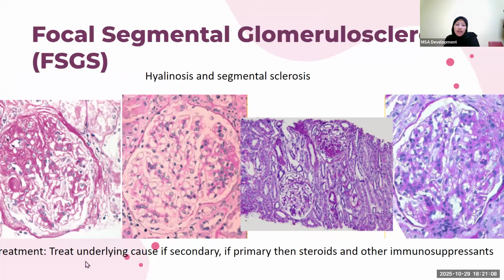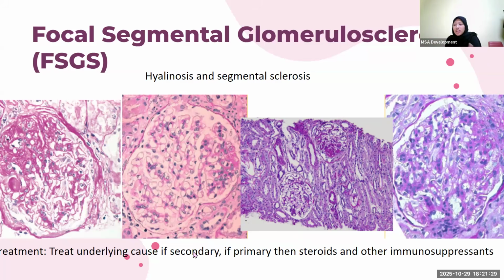Remember how I said it could be caused by hepatitis, HIV, heroin, sickle cell. These are risk factors. If it is caused by secondary causes, the most important thing is to treat those first.